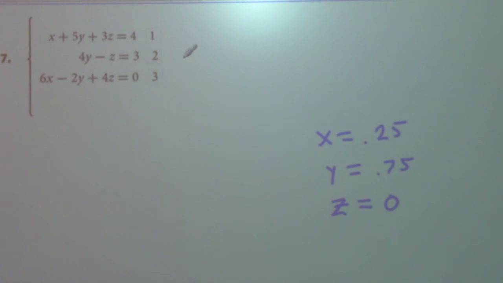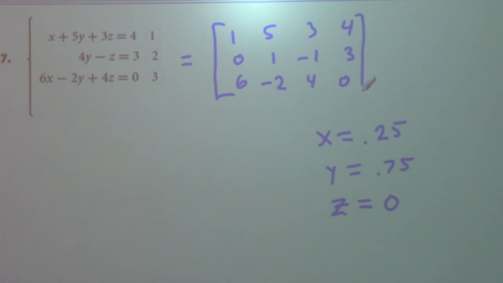Good. So basically, when you go ahead and enter these as 1, 5, 3, 4, and 0, 1, negative 1, 3, and then 6, negative 2, 4, and 0, like this, and then you work that out, you get 1, 0, 0, 0.25, 0, 1, 0, 0.75, and finally 0, 0, 1, 0.